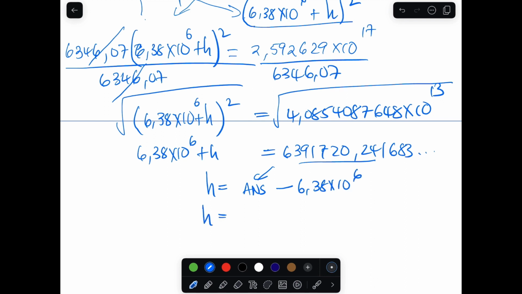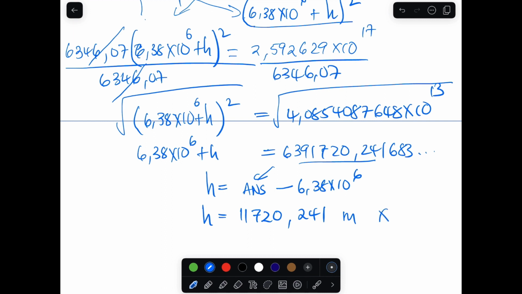So your answer here, minus 6.38 times 10 to the power 6, is 11,720,241. The answer there is in meters. They said your answer should be in kilometers.